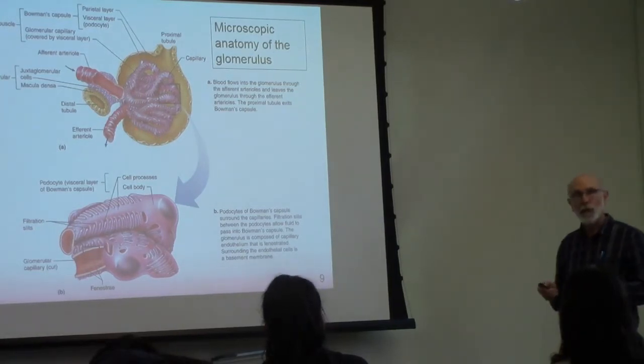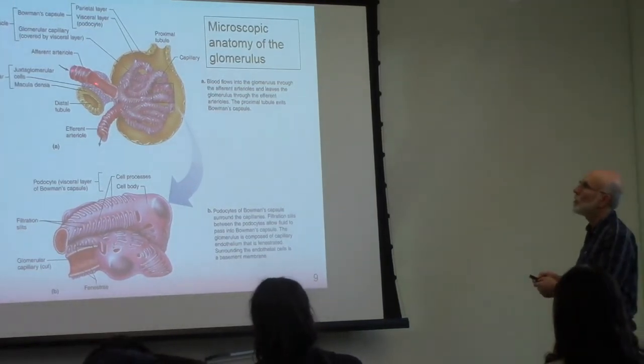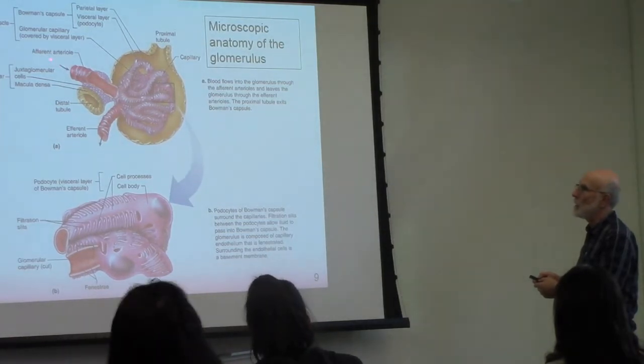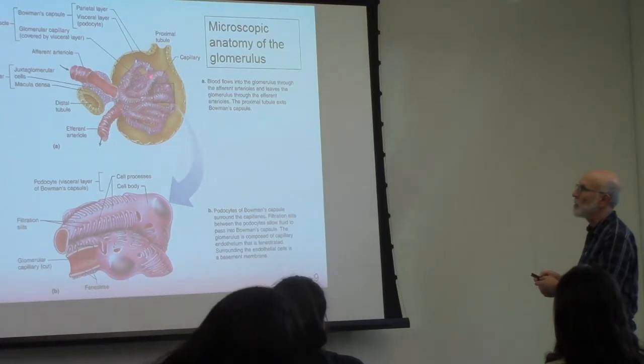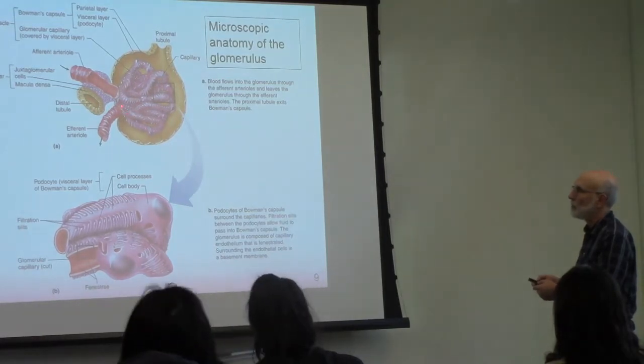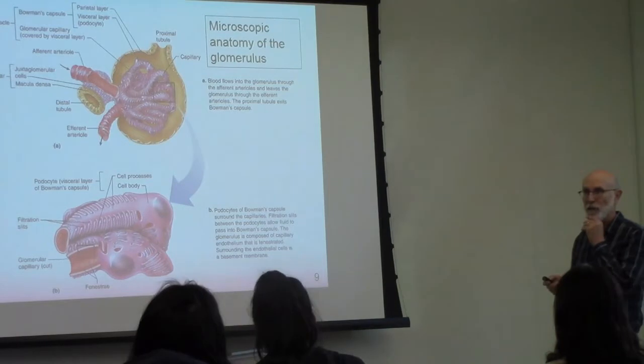So let's just follow blood for a moment. Afferent arterial blood enters from an artery into the afferent arteriole and enters the glomerular capillaries and exits out the efferent arteriole.